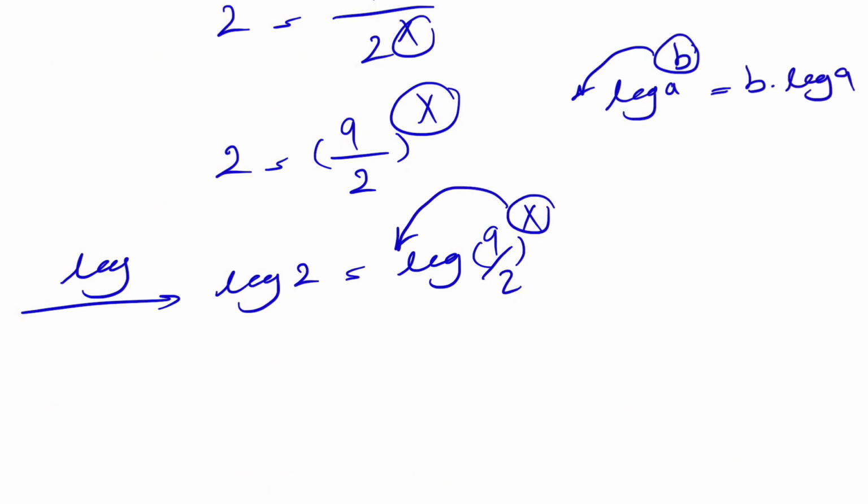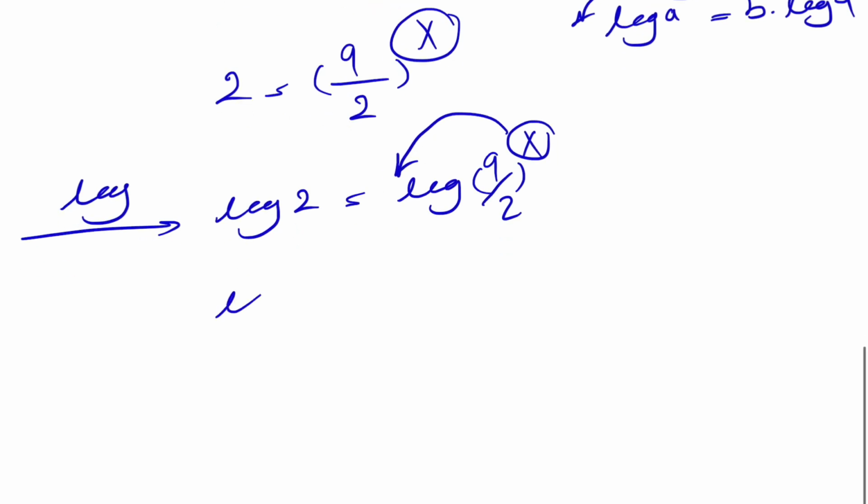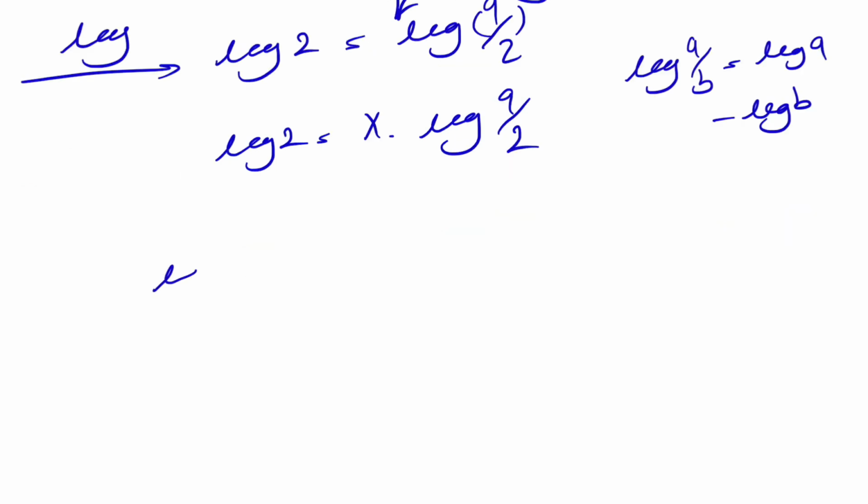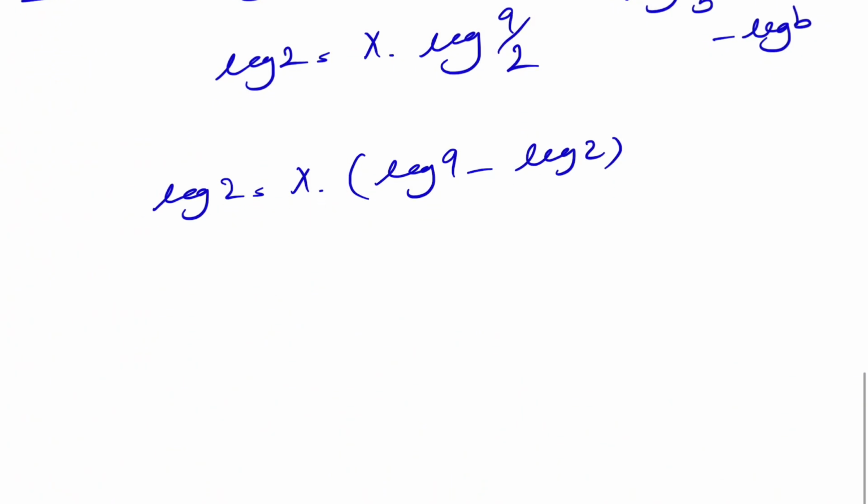So this x can go in front, and we have log of 2 is equal to x times log of 9 over 2. And when we have log of a over b, this will be equal to log of a minus log of b. So log of 2 will be equal to x times log of 9 minus log of 2.